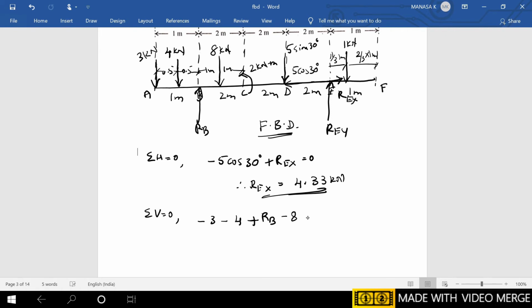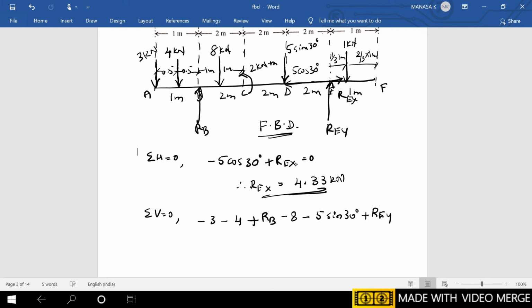So go for the point D, where there is a vertical downward force, that is minus 5 sin 30, and you need not consider, sorry, 5 cos 30, since it is horizontal, which is already taken in the sigma H equation. Next, you go for point E. There is a vertical upward reaction plus REY, and you need not take REX again because it is already taken.